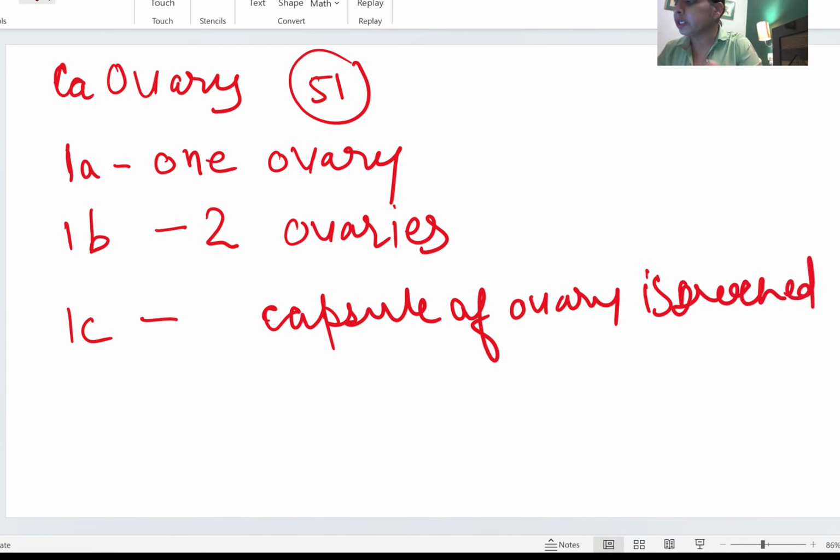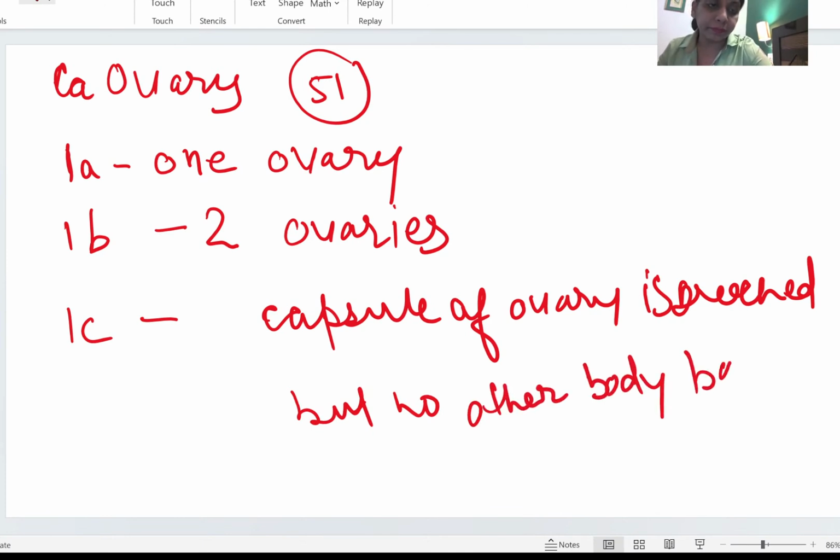As in this question it was only the malignant cells in the ovary, so it is 1C, but no other body part involved. If it would have been involved, they would have told you. Okay, so is it clear? Is it clear, Benzeer? Should we proceed?